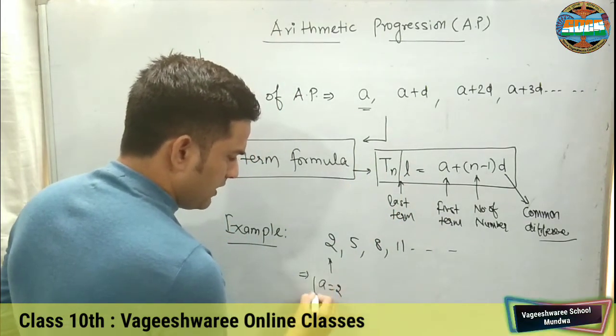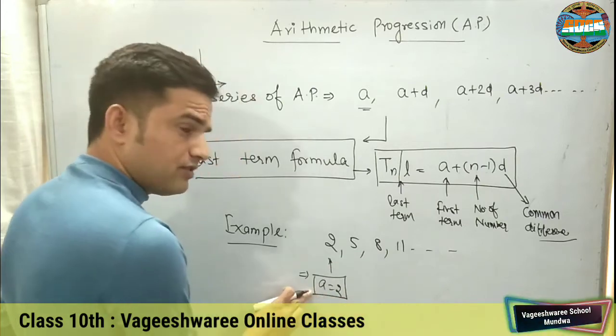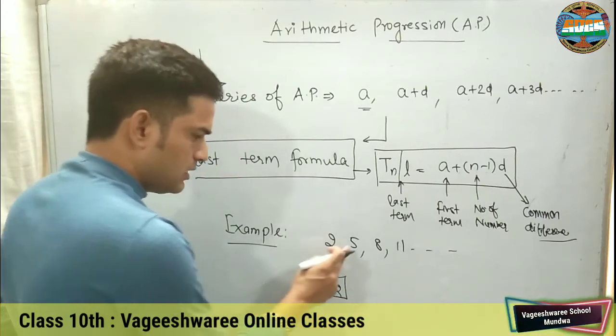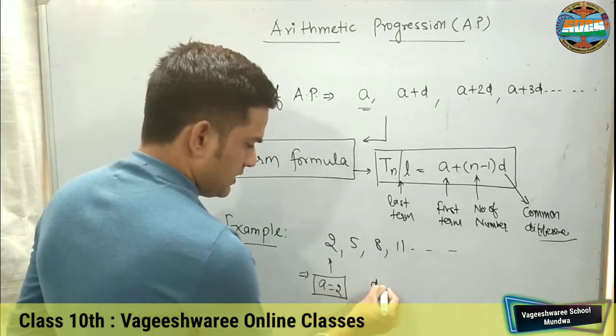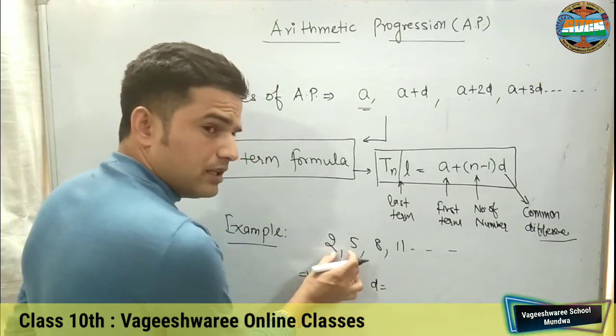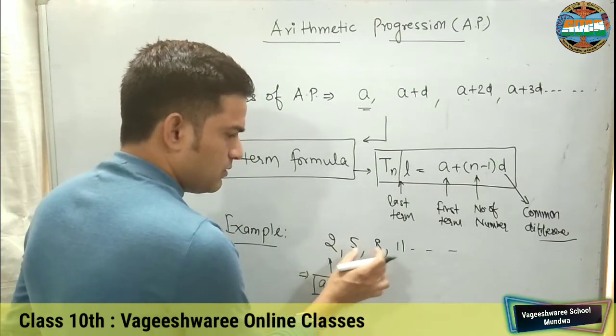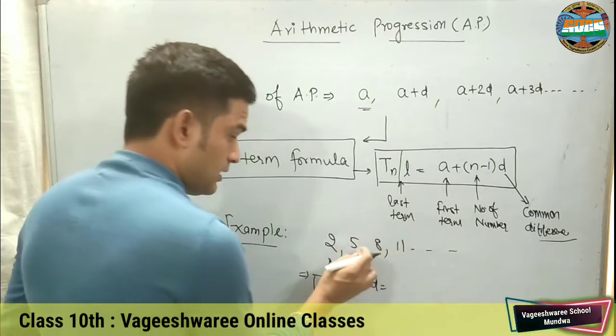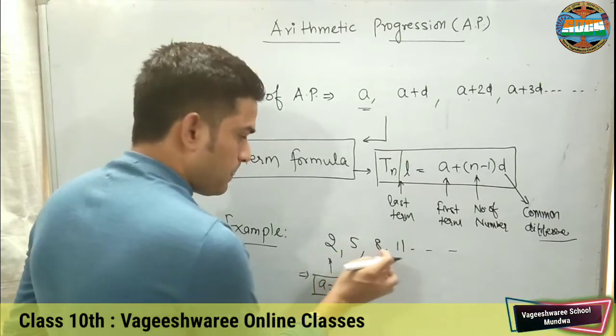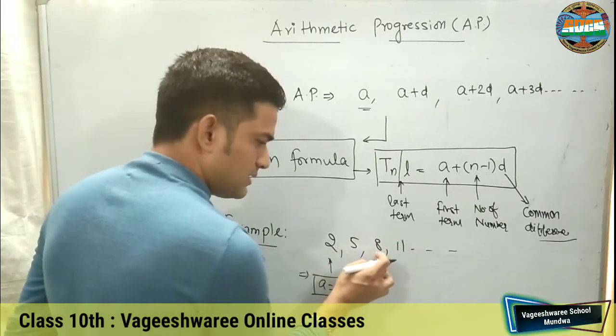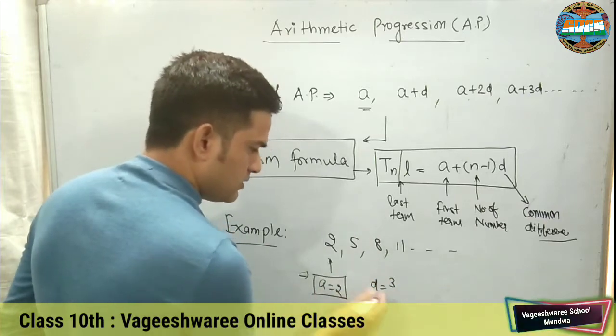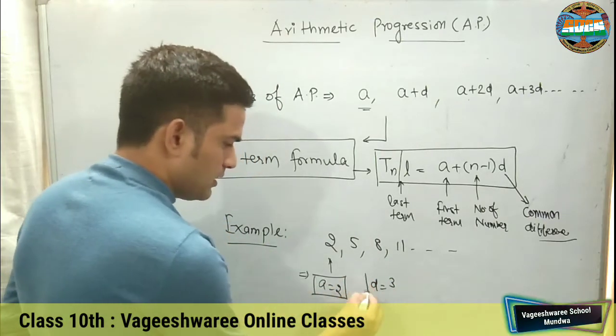The first term of AP is A, so A is 2. D is the gap between any two consecutive terms: 5 minus 2, 8 minus 5, 11 minus 8. We always find 3 because this is an AP.